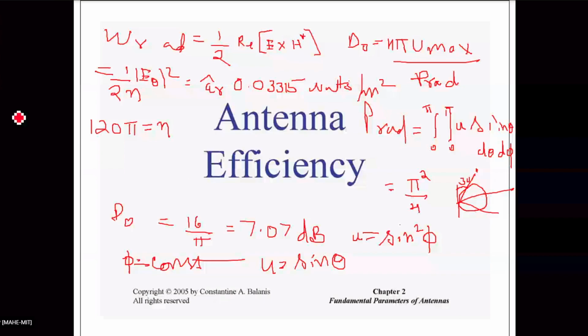Since it is an isotropic antenna, P rad is W rad into 4 pi r square, because it is radiating uniformly in all directions. What is r? 100 meters, sir. So you get the answer as 4165.75 watts.